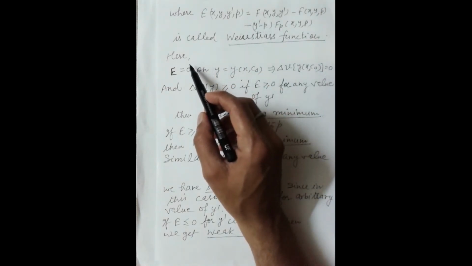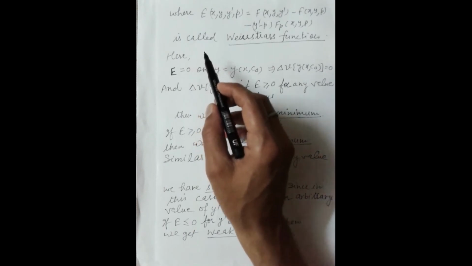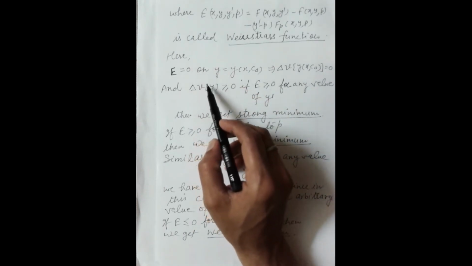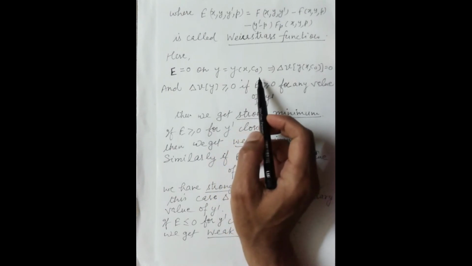Here we see that E equal to 0 on y equal to y(x, c0). This implies delta V(y(x, c0)) equal to 0.